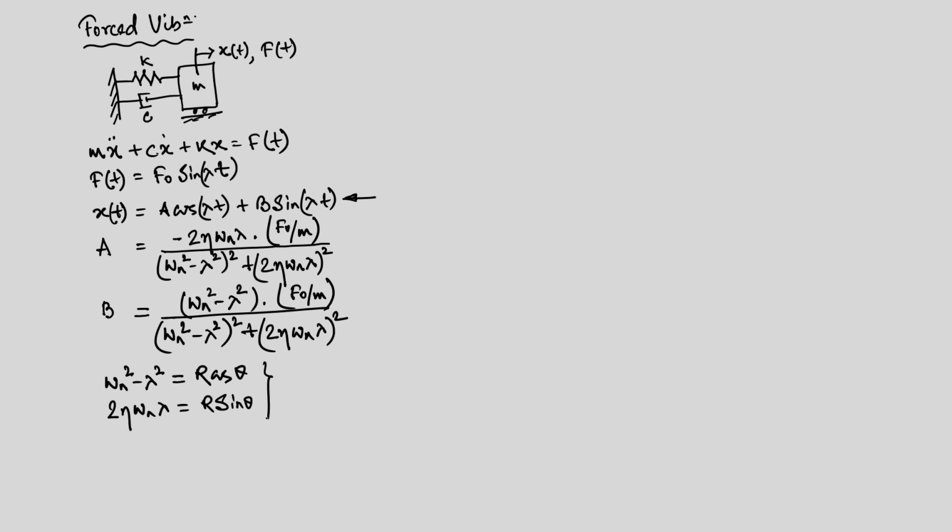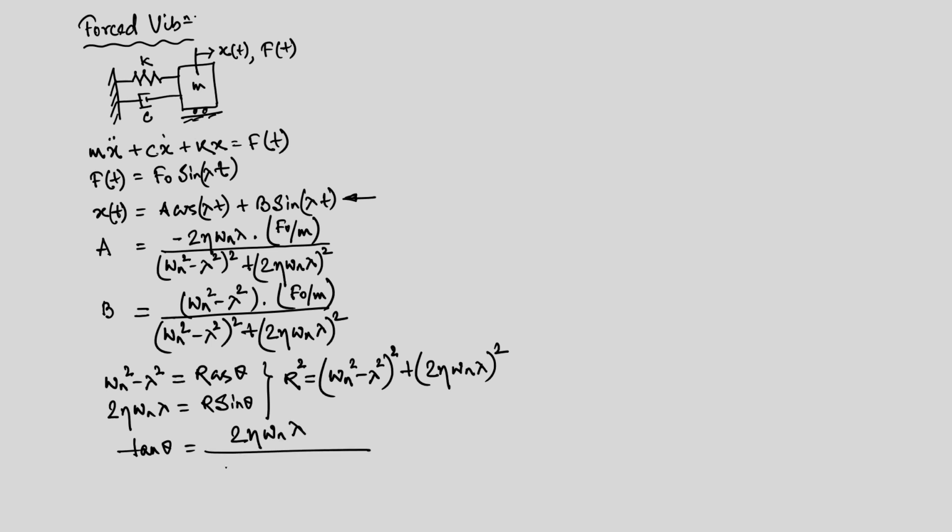Obviously, if we square them up and then sum it up, we will get r square is equal to omega n square minus lambda square whole square plus twice eta omega n lambda whole square. And also tan theta will be equal to twice eta omega n lambda divided by omega n square minus lambda square.